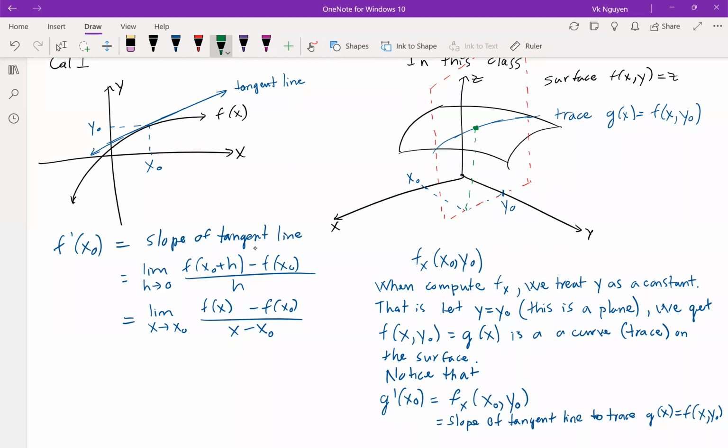It's on the surface, but it's also on the plane y equal y sub 0.